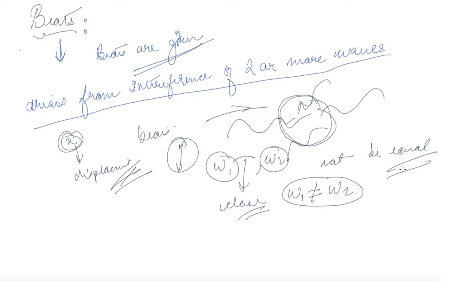Sound waves of close frequency, which are not equal, are heard at the same time when they are overlapped. When you are playing music of almost the same frequency and these two sound waves overlap, we hear a new sound of similar frequency.